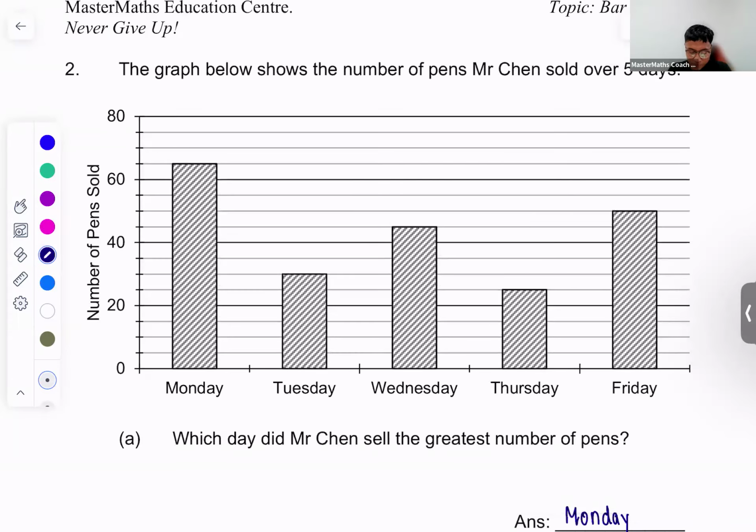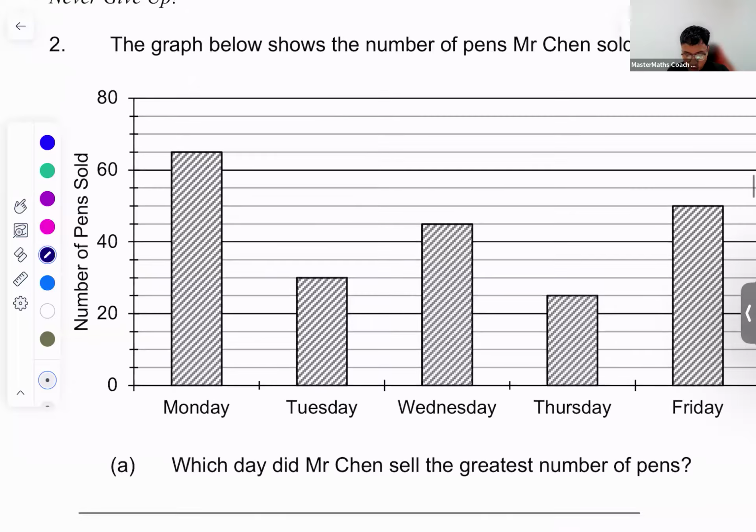How many pens do you think Mr. Chen sold on Monday? Can you help me count based on this graph? That means I count until 1, then until 20, or I count until 10? Okay, that's a valid question.